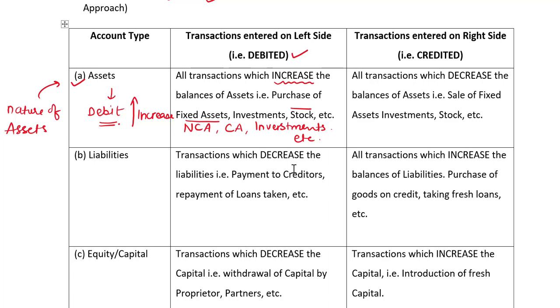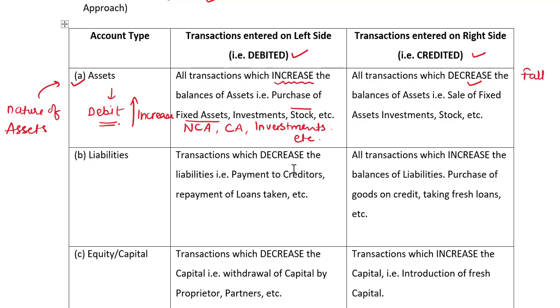When the assets are to be credited, it's very simple. When there is a fall or a decrease in the assets, the assets need to be credited.